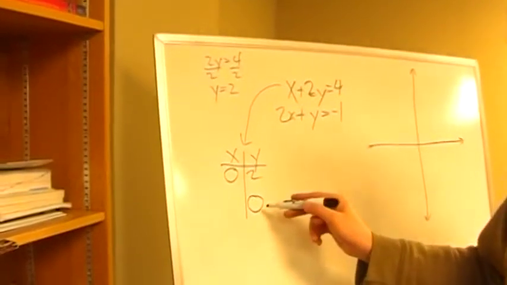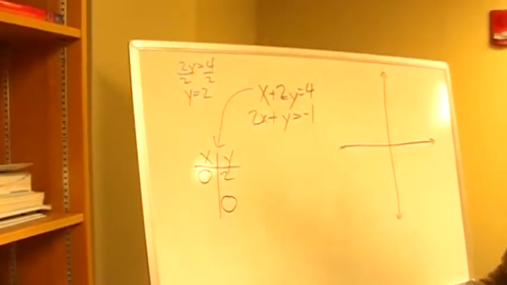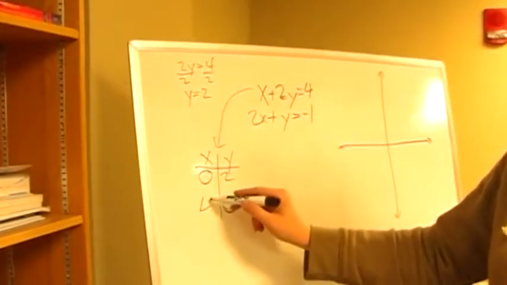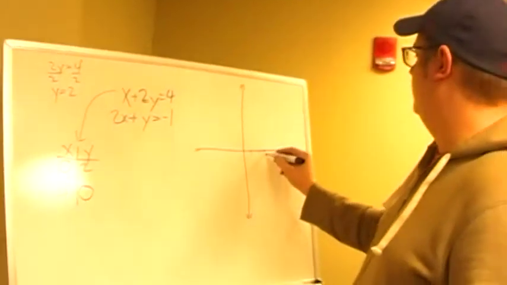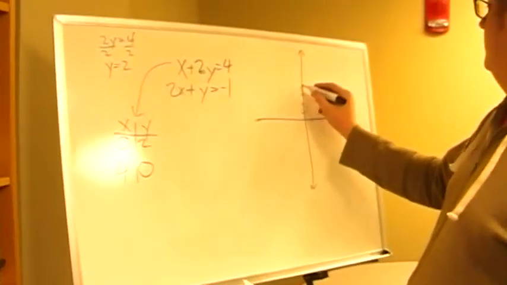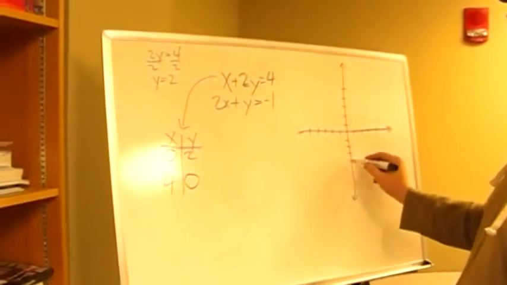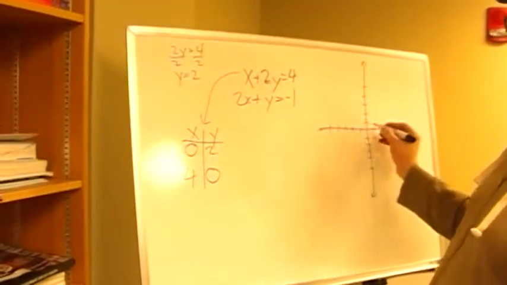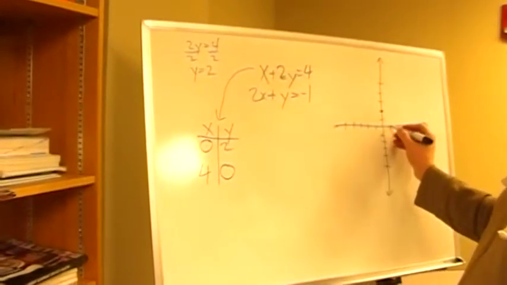Just like that, we plug in the 0 for the y. Well, the 2 times 0, that's 0, that cancels out, so then we're left with x equals 4. That wasn't too bad, right? So let's graph that. We got (0, 2) and (4, 0).